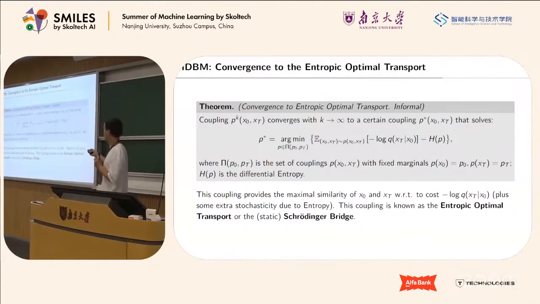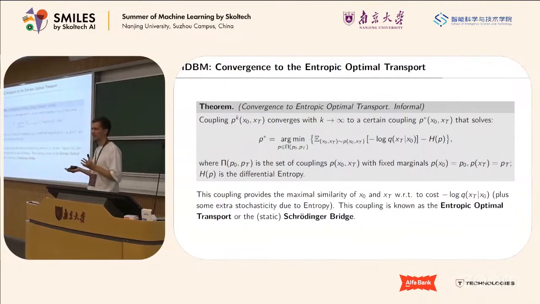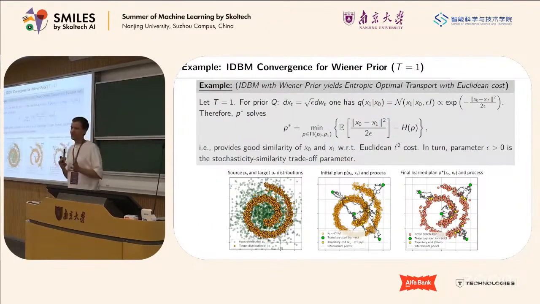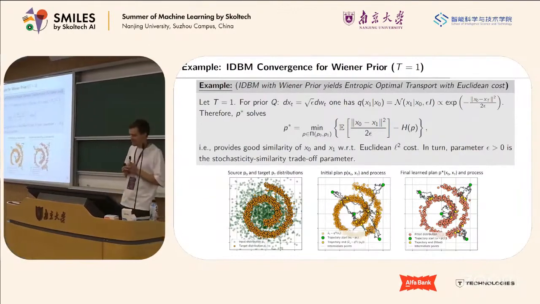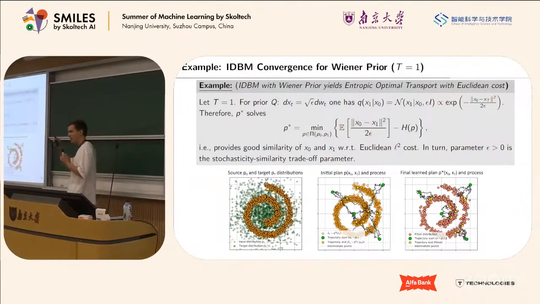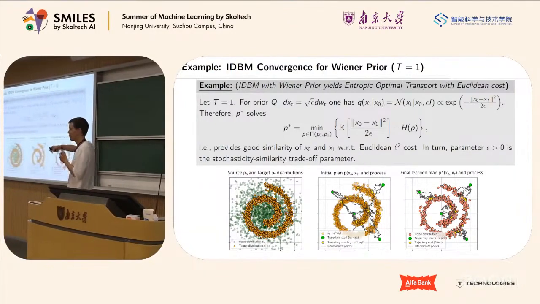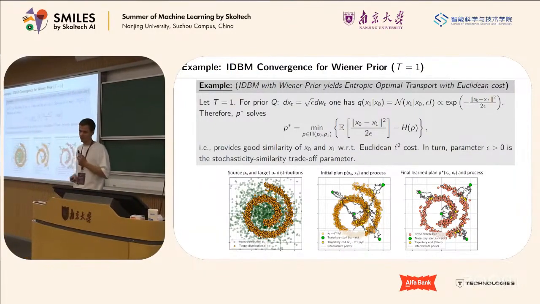It may not be very clear what the properties of this coupling are, why this is meaningful, and what I can derive from this. But in one particular case, it is very clear what this coupling does. If we take as a prior process for our iterative bridge matching procedure the Wiener process, basically Brownian motion with some variance, square root of epsilon, then the coupling to which the model converges is the entropic optimal transport coupling for the quadratic problem.